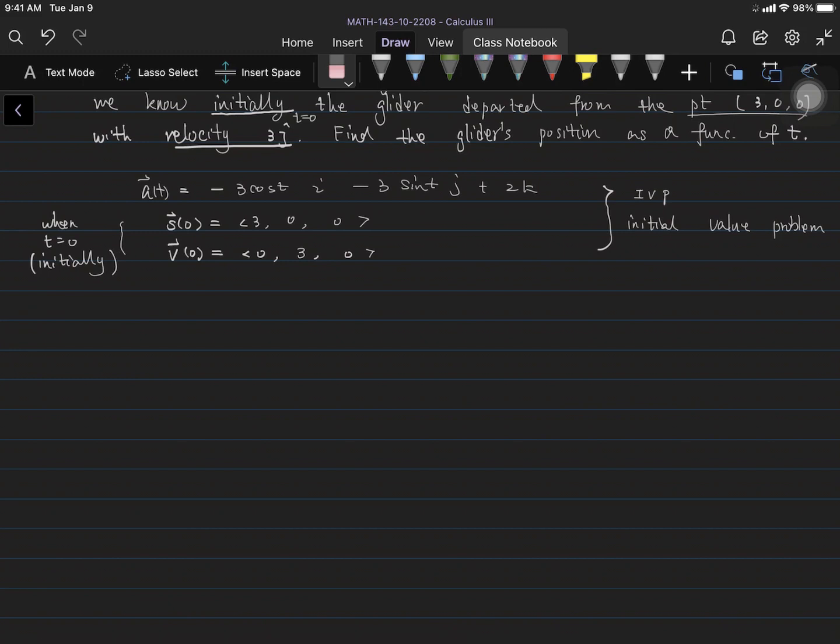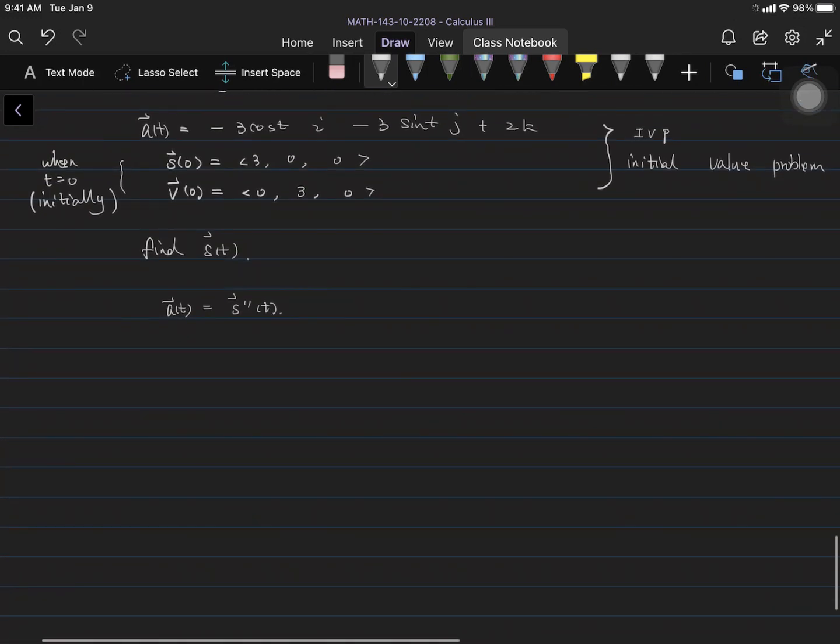Now let's see. So we are going to find what? The problem is to find the position vector. So the goal for this problem, we want to find s(t). But before we find s(t), we should know what is a(t), how we get a(t). a(t) actually is the second derivative of s(t). Is that right? Okay.